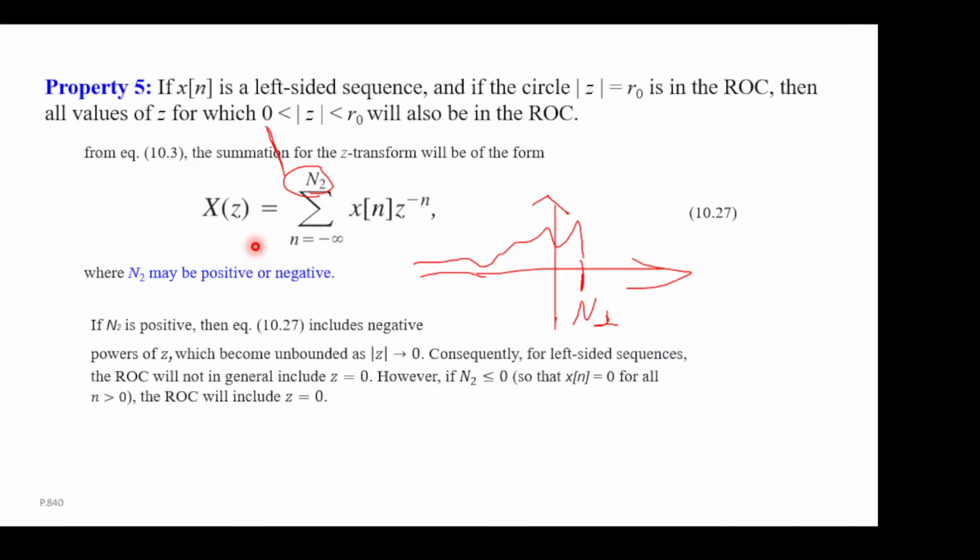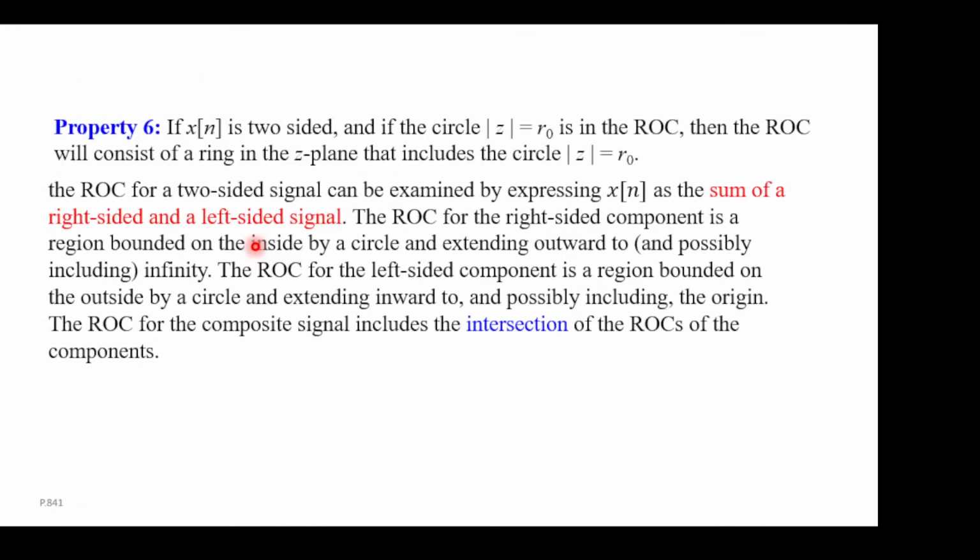And then finally the two-sided function. We don't really have a bound on left or right, but for a two-sided function, we can do the analysis just like in chapter 9. We can break it into a left-sided function and a right-sided function. Let's draw this a little bit.